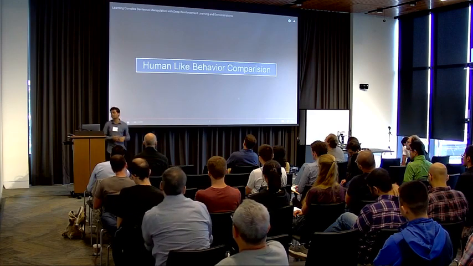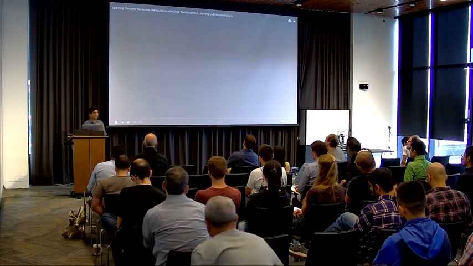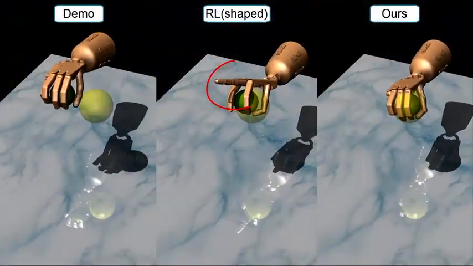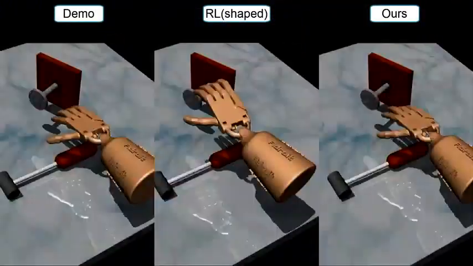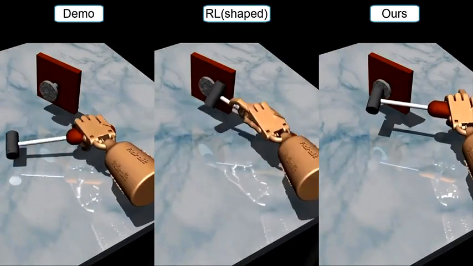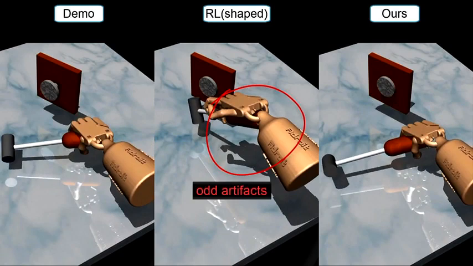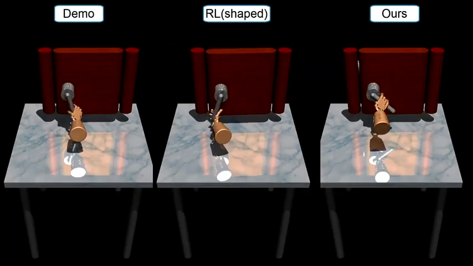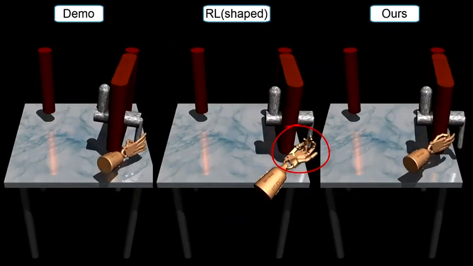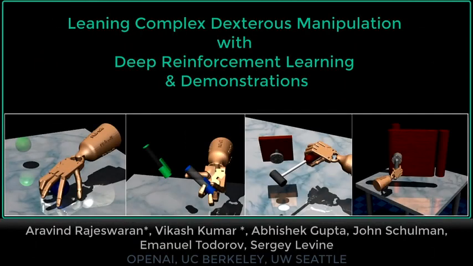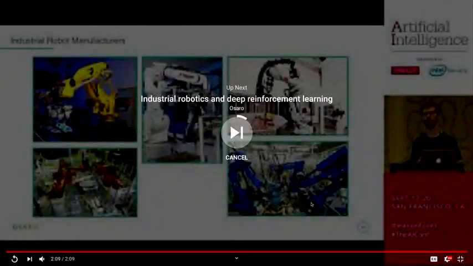So this falls out almost for free, giving you the right inductive bias to be like humans. If you look on the right side, you will see these artifacts are very real if you do a lot of shaping and get things to work. But yeah, it gets the job done. But the artifact that we are looking for, what it means to be gentle, nimble, like a human, almost comes out for free, which people have been trying for a really long time.